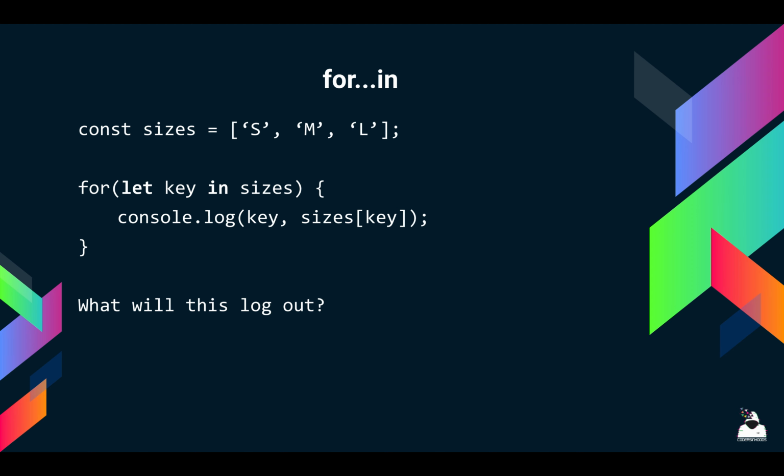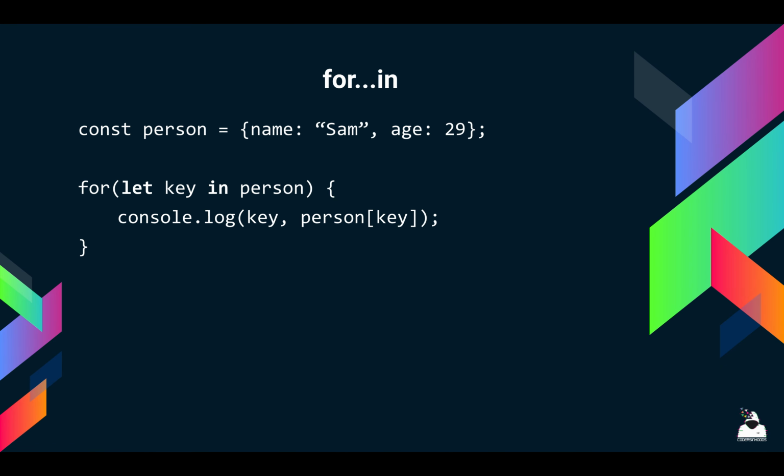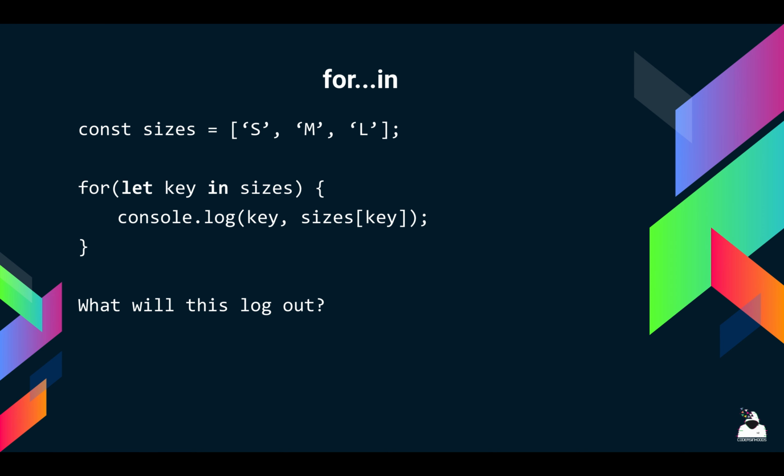I'll ask you, what will this log out? Where the previous one gave name, Sam, age 29, what is this going to log out? It's not a trick question. Is it index? Yes, the indexes, exactly. So the keys on an array are the indexes.